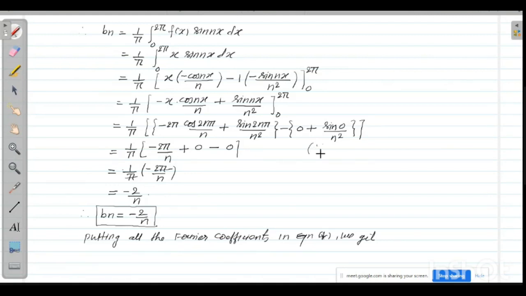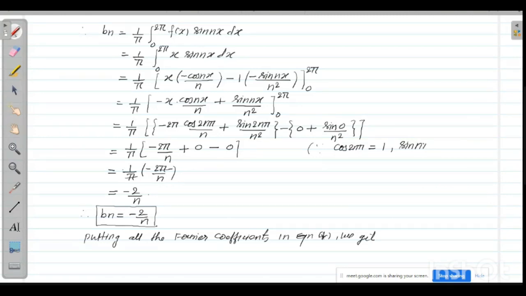Yesterday we have written that cos of an even multiple of pi is always 1. Cos 2n pi is equal to 1. And sin of a multiple of pi is always 0. Sin of any multiple, that will be 0.